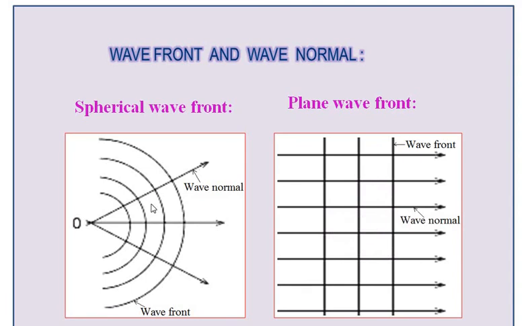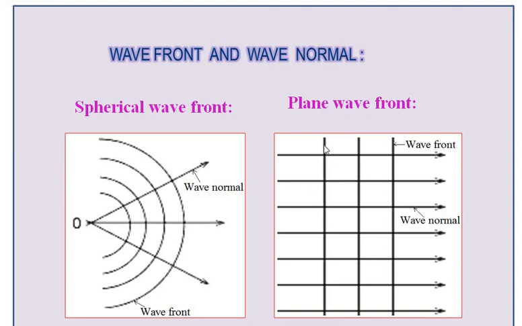In the case of a plane wavefront, our source is at a very large distance from us, so a very small part of the spherical wavefront gives the plane wavefront. The standing lines show the plane wavefronts, and the parallel lines, perpendicular to them, give the wave normals.